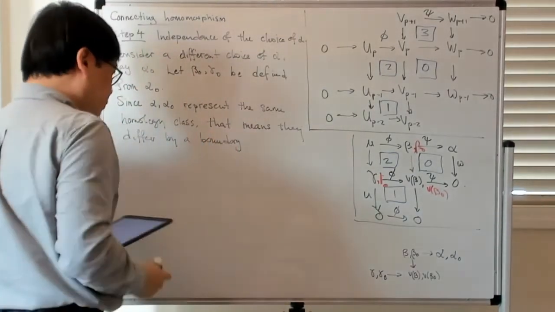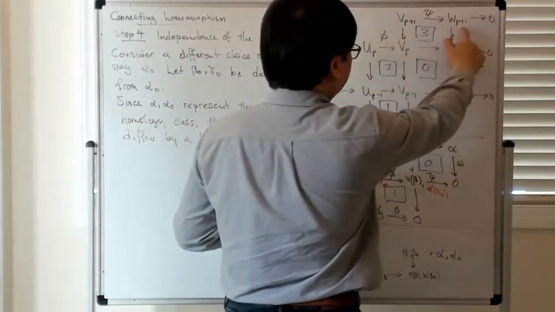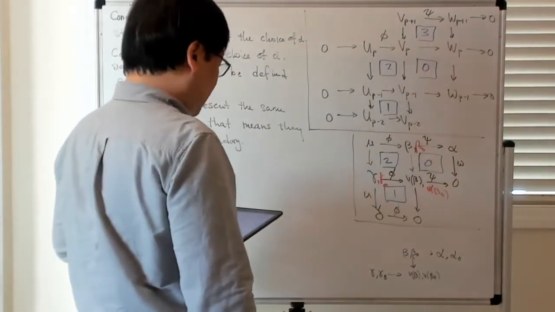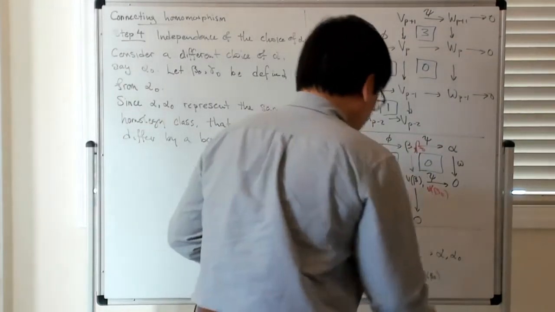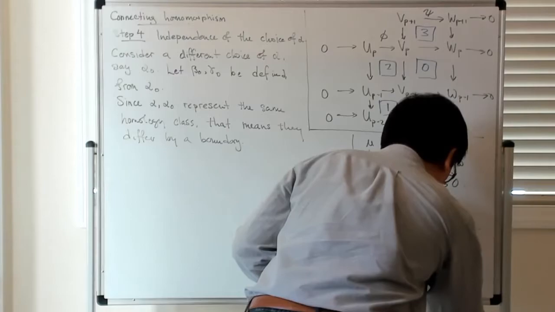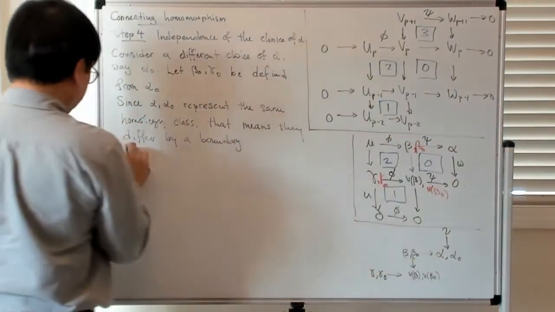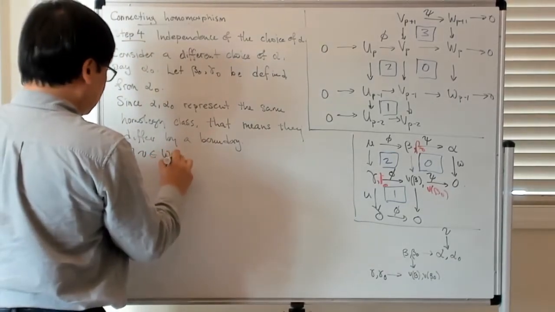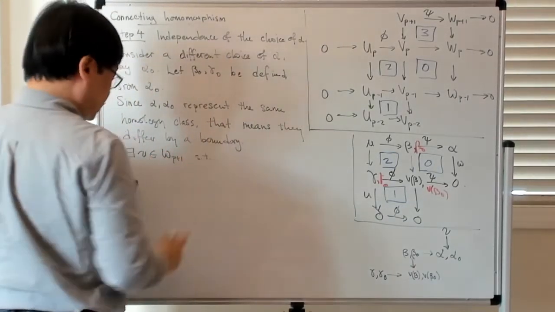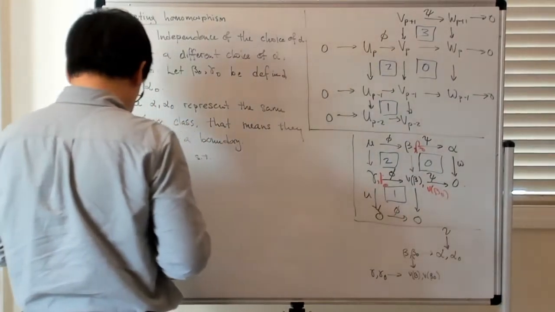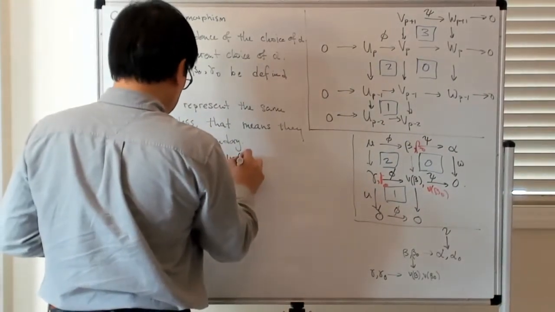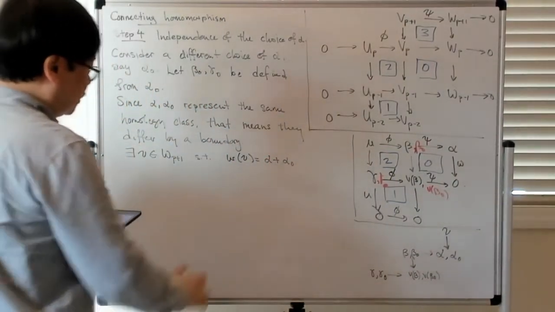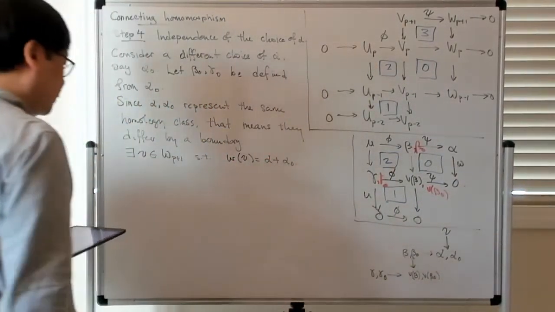So there has to be something in W P plus 1 whose boundary is the difference of alpha and alpha 0. Let's call that nu. So there exists nu in W P plus 1 such that W of nu is equal to alpha plus alpha 0. So alpha and alpha 0 differ by something in the boundary.